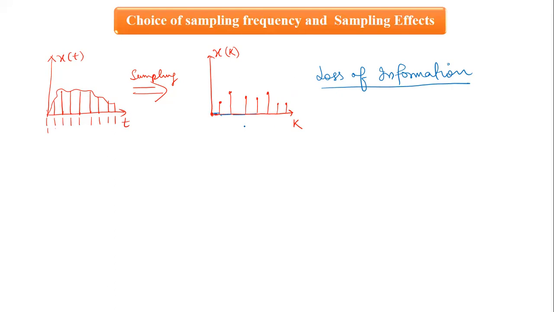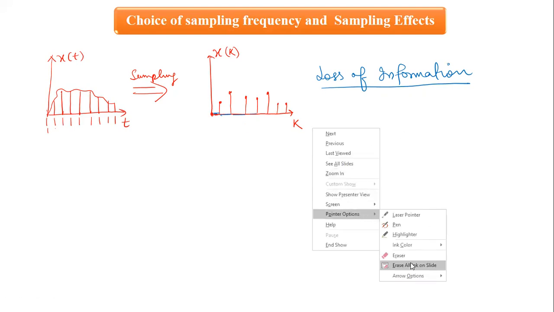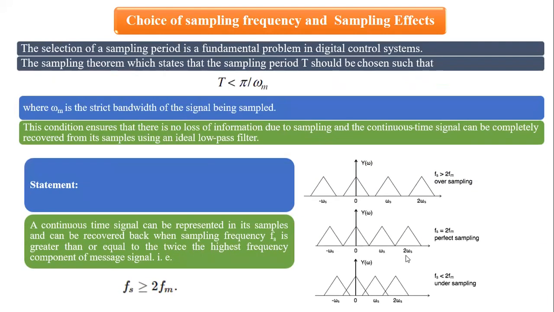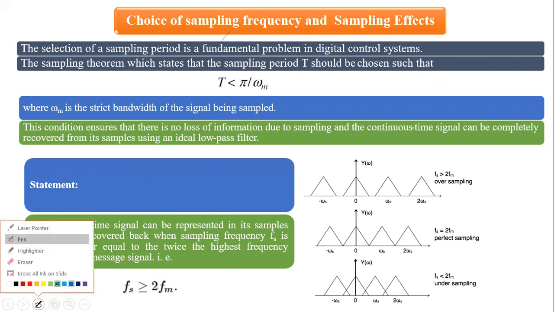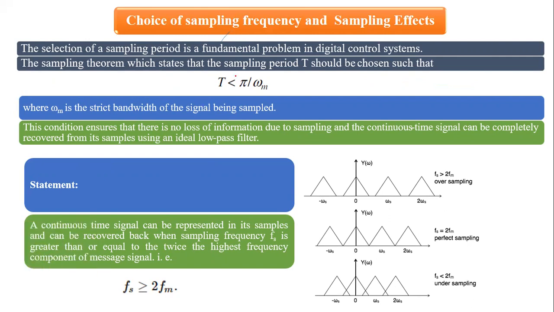Now, losing information is inevitable in this particular process. We cannot do anything about this. But what we can do is take care of the sampling rate, the rate at which we sample the data. That means the frequency is to be taken care of, right?